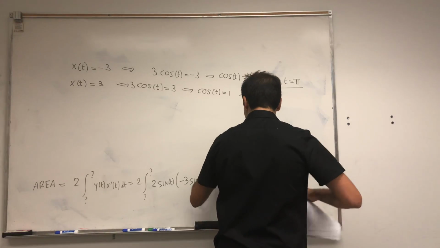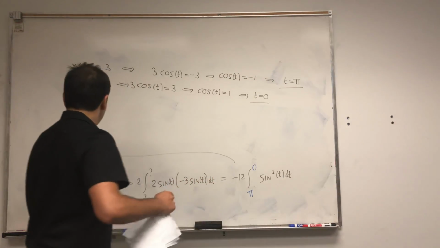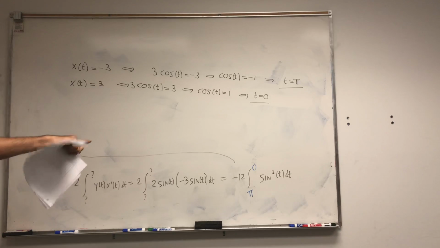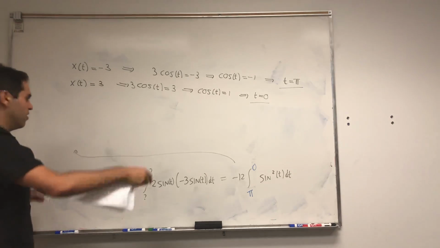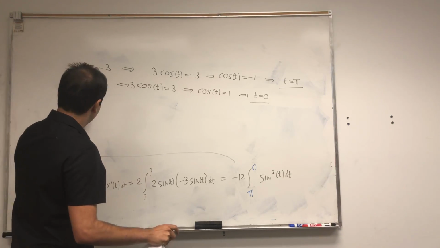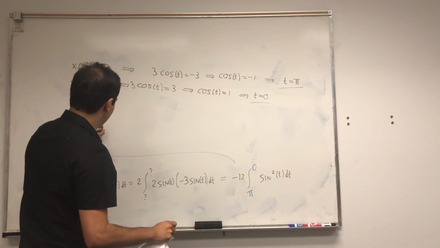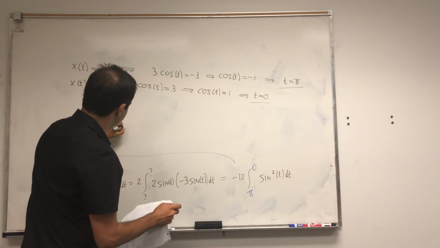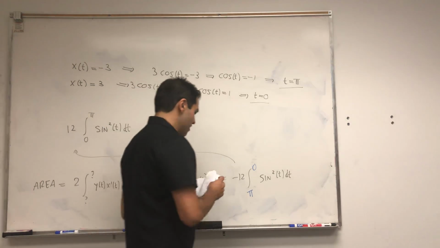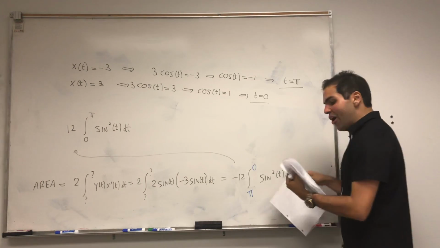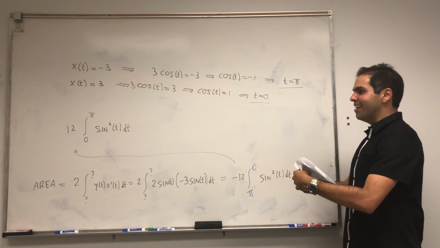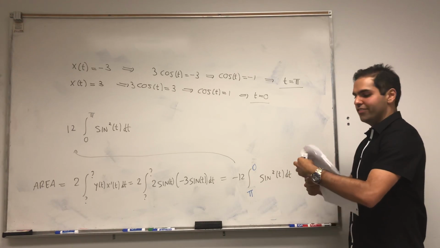So our answer then becomes minus 12 times the integral from pi to 0. Let's just reverse this. So 12 times the integral from 0 to pi of sine squared of t dt. Either you know it or you don't, but I will make a video on this if you want.